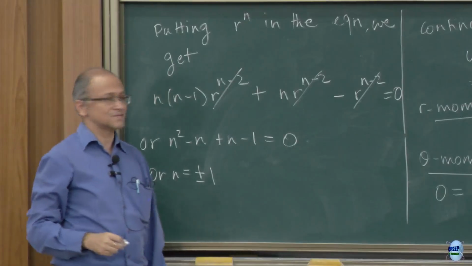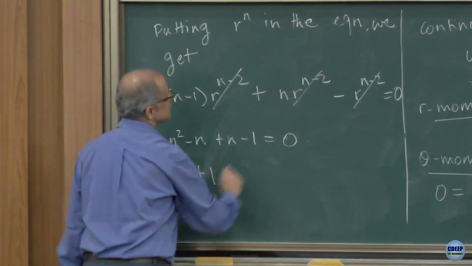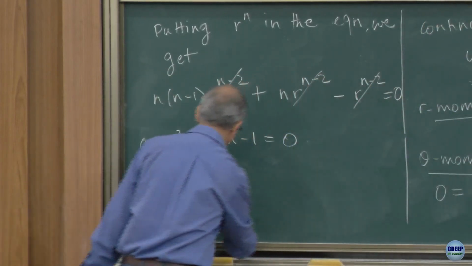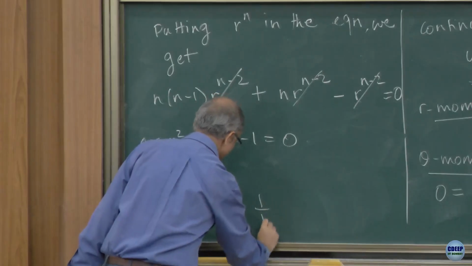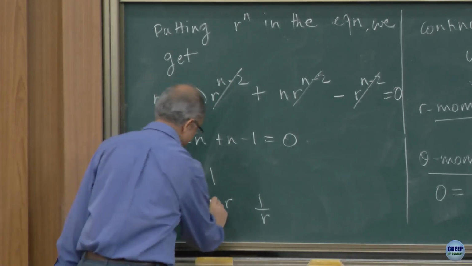Okay, so that means that my solution u_θ is r to the power of 1 gives me r, and r to the power of minus 1 gives me 1 by r, and I have to take a linear combination of these two.